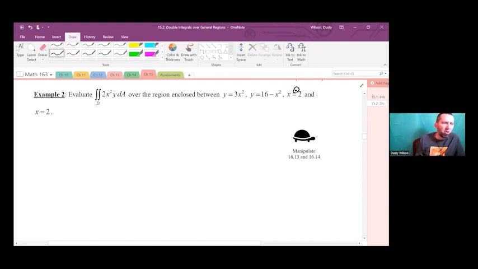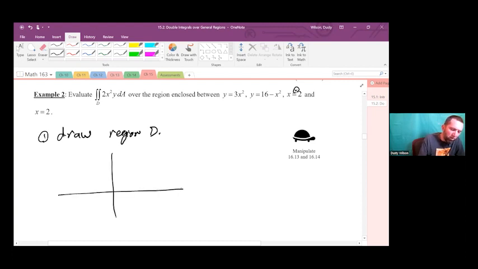So let's start by drawing the region D. So we're going to draw the region. So we have some sort of a grid, and notice that there is a smiley parabola here. So this would be the y equals 3x squared.